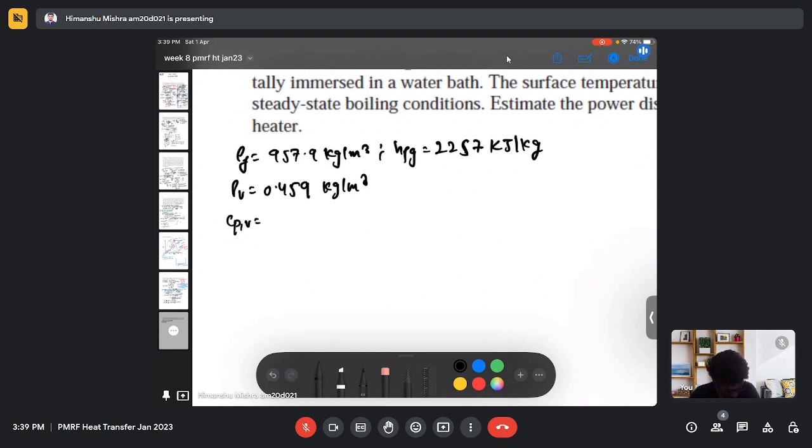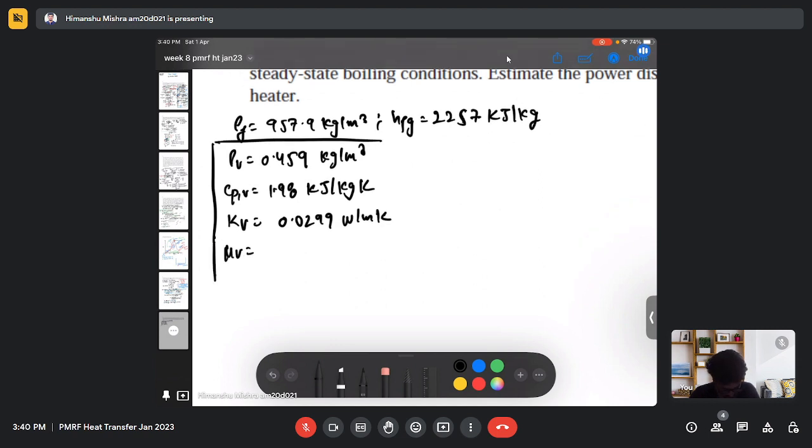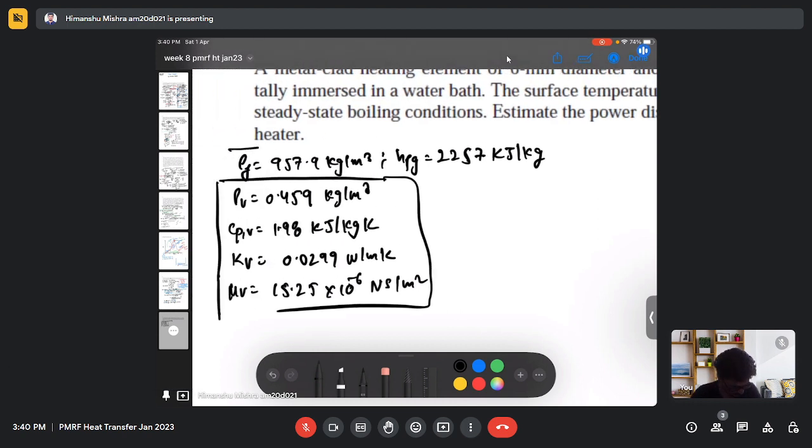Specific heat of vapor is 1.98 kilojoule per kg Kelvin. Thermal conductivity of vapor will be 0.0299 watt per meter Kelvin. My dynamic viscosity of vapor will be 15.25 × 10 to the power minus 6 Newton second per meter square. So this is for fluid and this is for vapor.